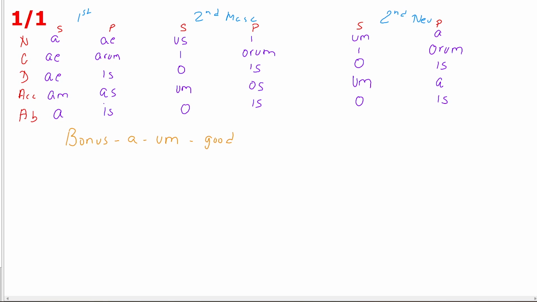Okay, so you have masculine, feminine, neuter. So this will be translated as bonus, bona, bonum. So now let us try to see if we can solve this.